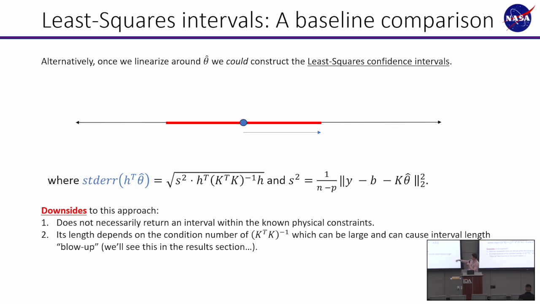And again, some mathematical detail here will reveal that the length of this interval is very dependent on the conditioning number of this particular Gram matrix, which is the linearized version of our forward model. And it turns out that this two-step procedure makes these intervals very sensitive to both noise and the true parameter setting, which we'll see in the empirical results in a second.